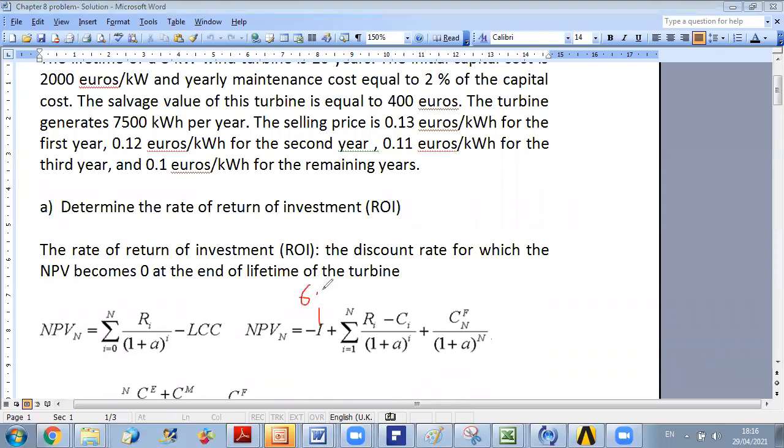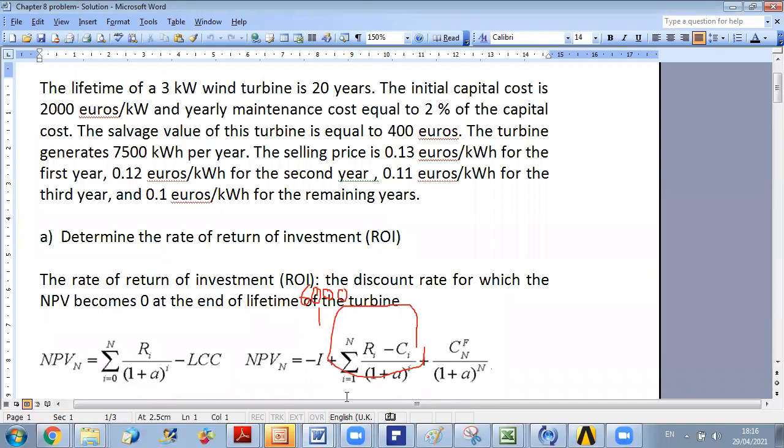Now, concerning the calculation of this term, I have to determine the incomes and costs. Concerning the incomes, I don't have a constant income through the years, and this will be a little bit challenging for the calculation of this term, and we will see how to do it.